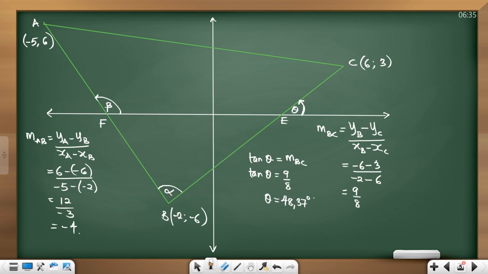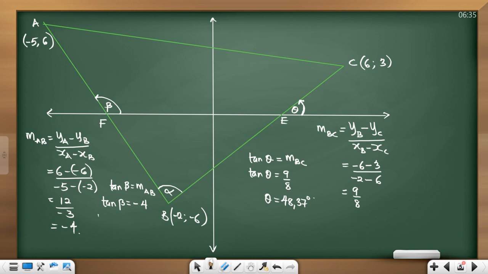All right, now, let us get beta. Tan beta, we know the gradient of what? AB. That's the line we're looking at. So, tan beta is what? Negative 4. Now, this is where I say we are now looking for our angle. It's better to keep it the way we're doing it under trigonometry, where we know that the negative tells us the quadrant.